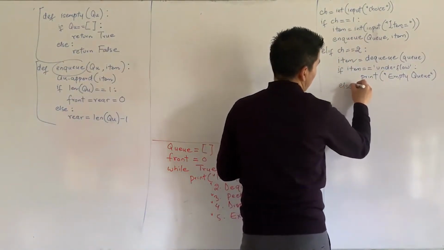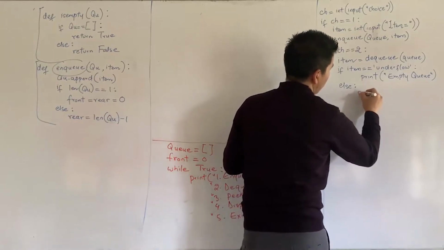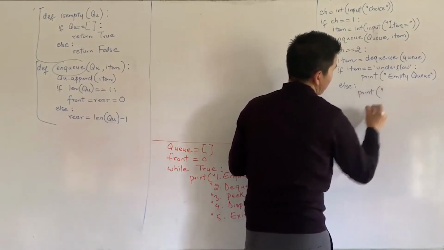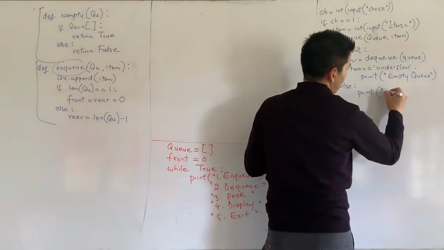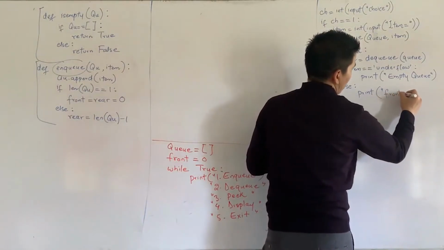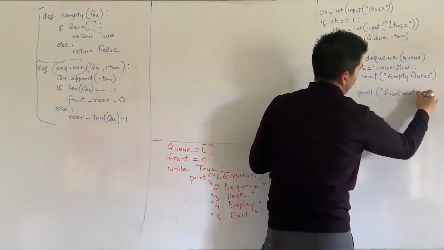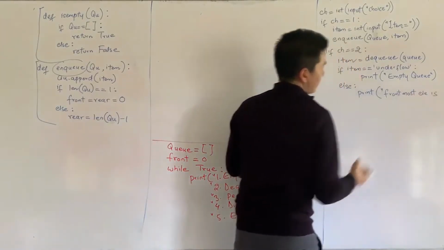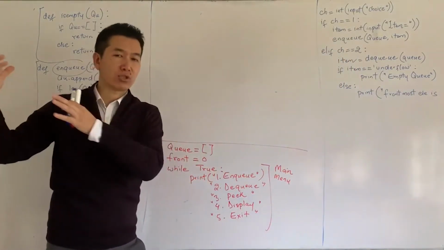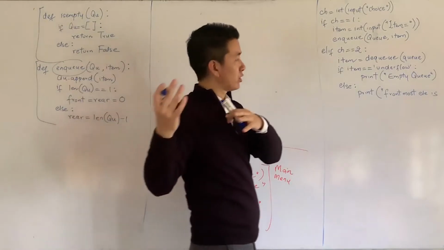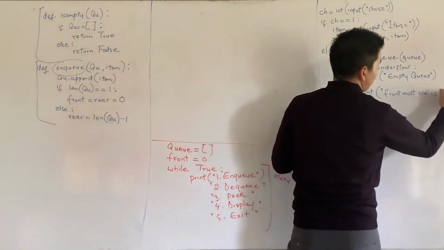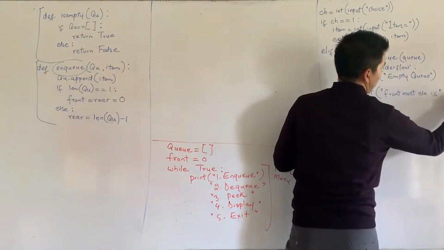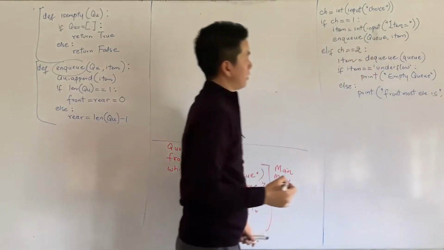Else, your message should be print, and then the frontmost element is the item, because when you remove it, it has to happen from the front.